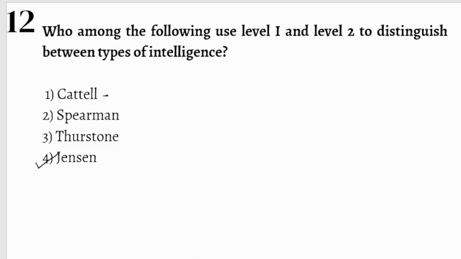Yes, fluid intelligence, crystallized intelligence, and these were second order factors. Yes, very well done. Spearman talked about G factor, S factor. There was two factor theory which was proposed by Spearman, and Thurstone talked about 7 primary mental abilities.